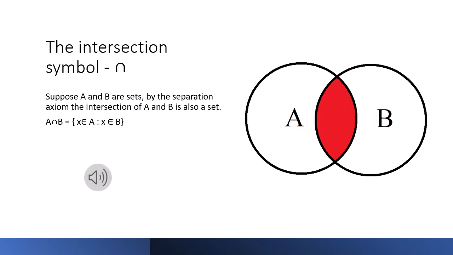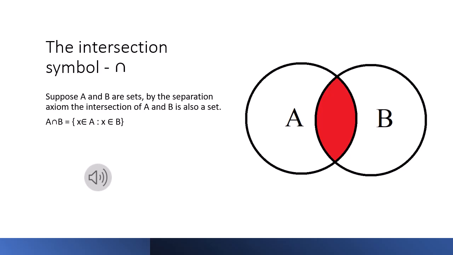Okay, before we go on to introduce some more axioms, let's see a nice application of the separation axiom in order to prove the existence of the intersection of two sets. We'll be using this new symbol, which looks like an upside down U, to represent the intersection. It's not officially part of our language of set theory here, but we'll be using it just as an abbreviation for the following set.